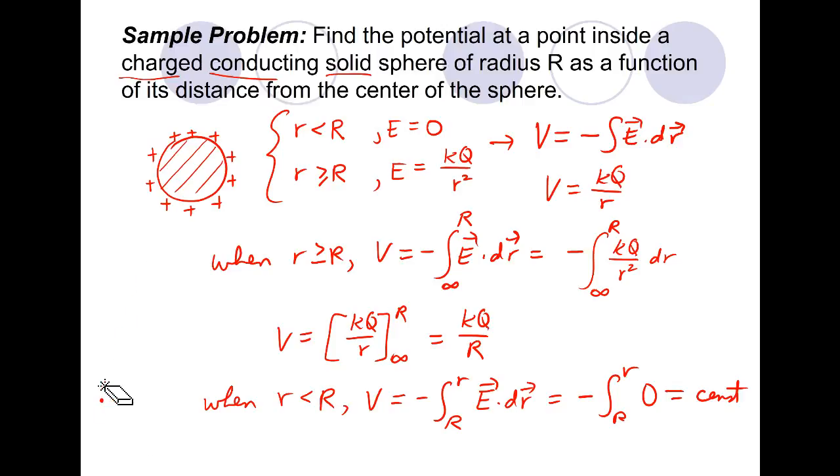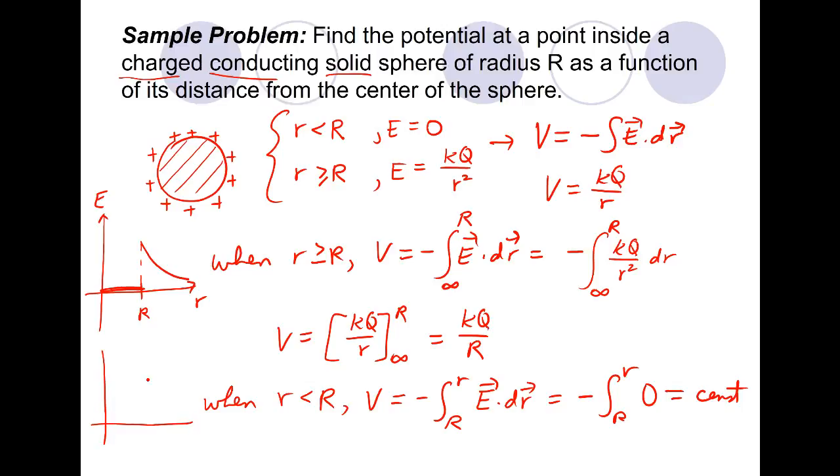Another way to say this is, if I make some room for a graph here, my electric field versus my radius is 0 up until R, and then it jumps up and it's proportional to 1 over r squared.